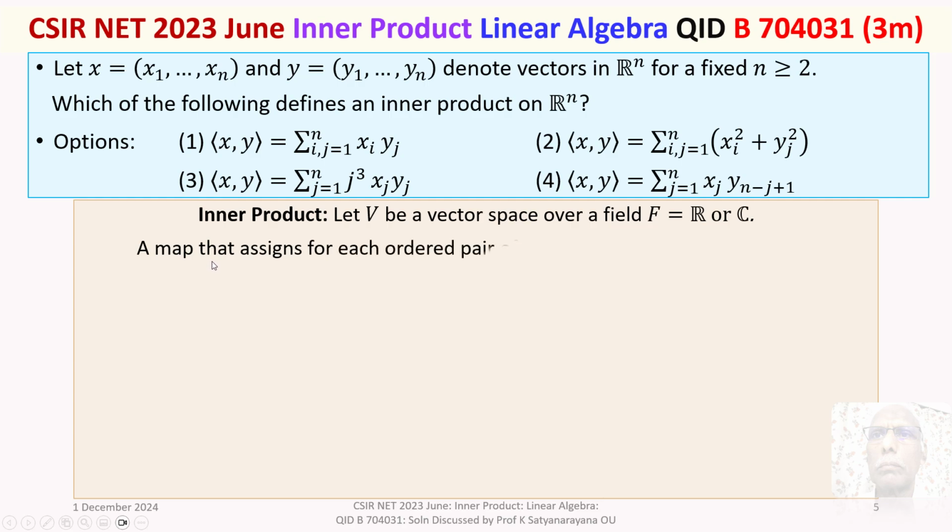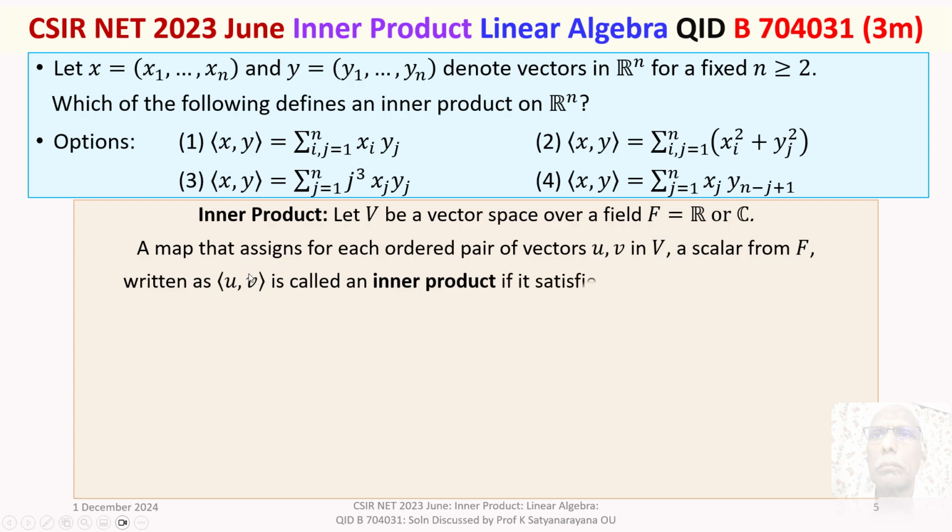A map that assigns to each ordered pair of vectors (u, v) in V, that is, from V cross V, a scalar from F, a function from V cross V to F, written as the bracket (u, v), is called the inner product if it satisfies the following properties.